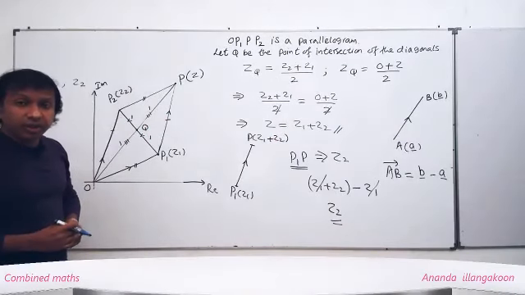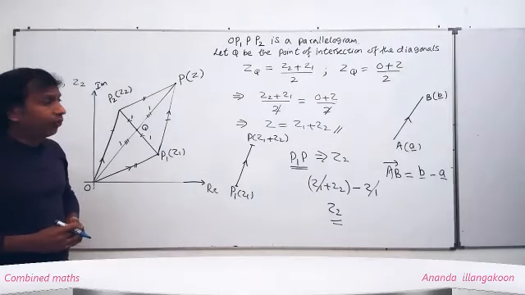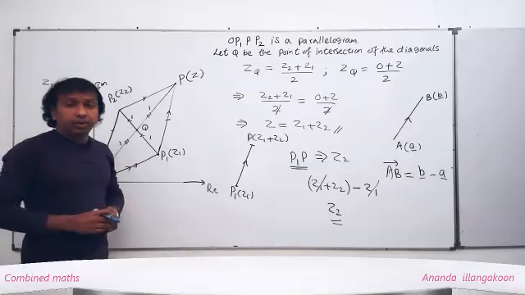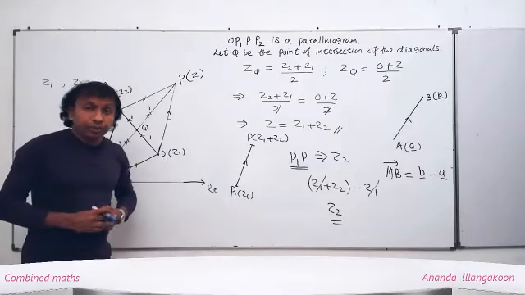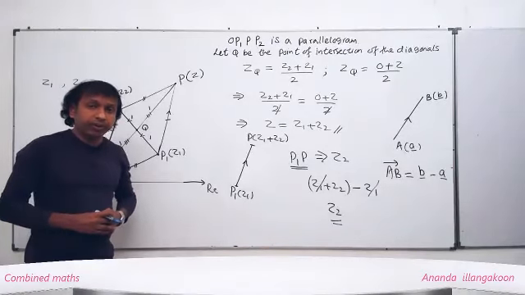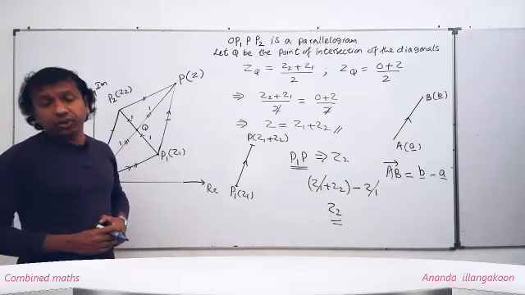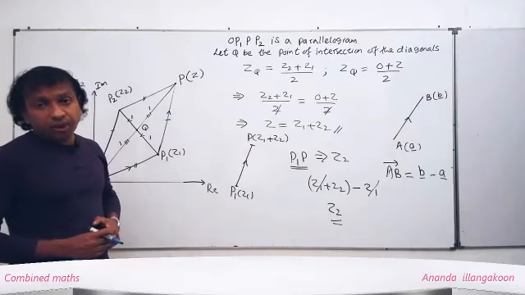Why? We said the complex number has vector properties. Understand? So whenever you see a line segment on the Argand plane, the complex number represented by that line segment can easily be found.